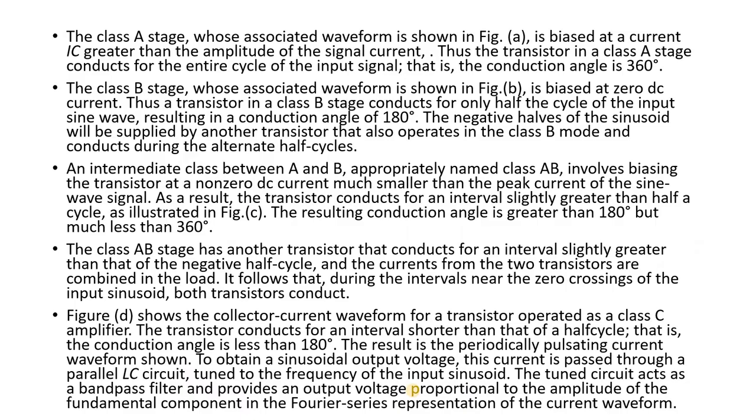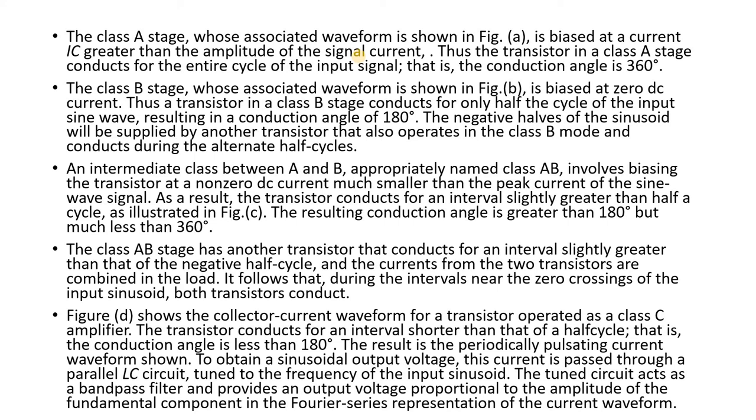So let us see in detail. While explaining, you need to mention what the output waveform is, and you need to draw the waveform figure for all the different types of classification.